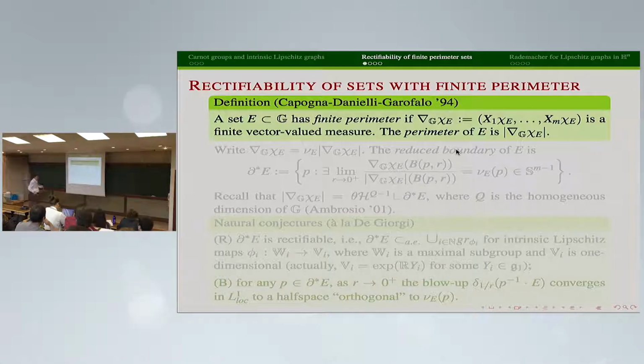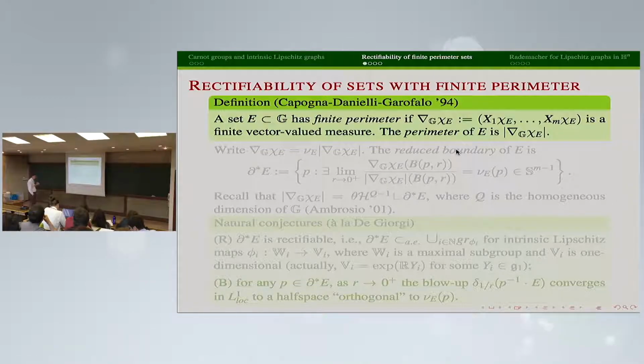So we say that a subset E of G has finite perimeter if the horizontal derivatives of the characteristic function of E in the sense of distribution, so the derivatives with respect to the left invariant vector fields in the first layer, are represented by a finite vector valued measure.